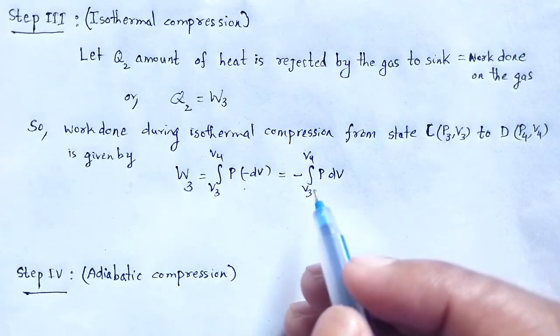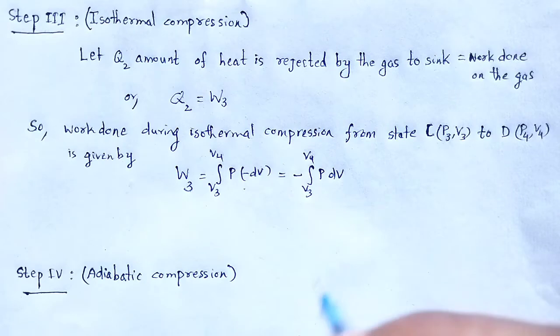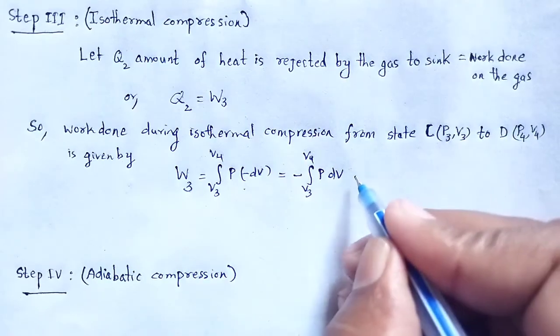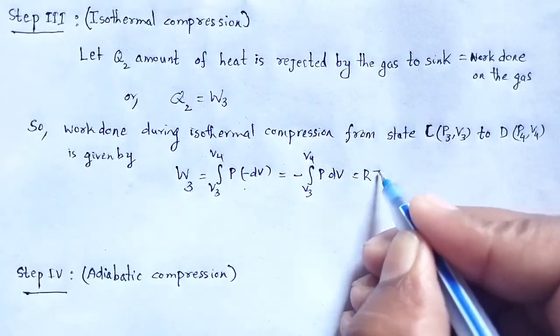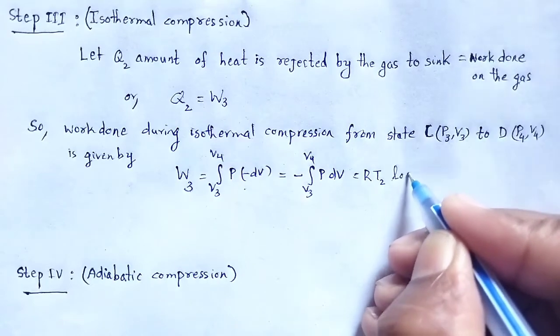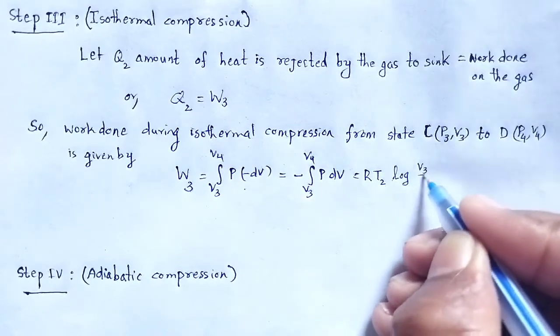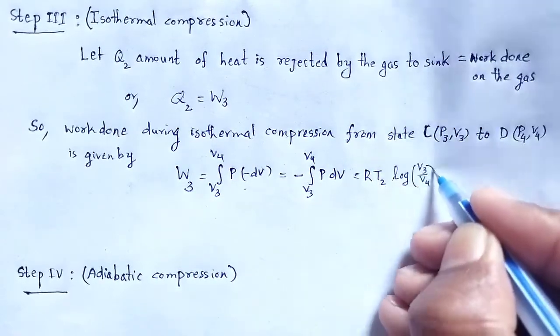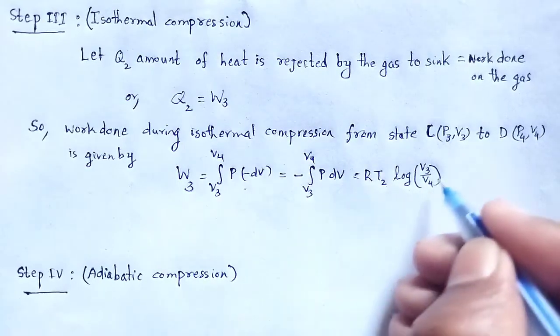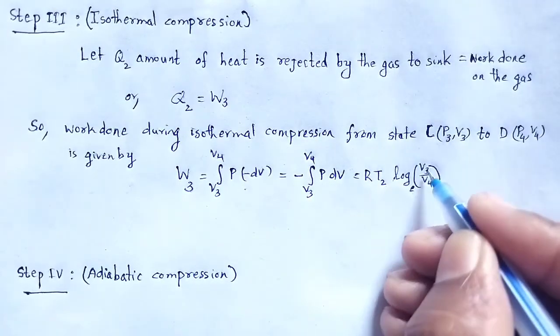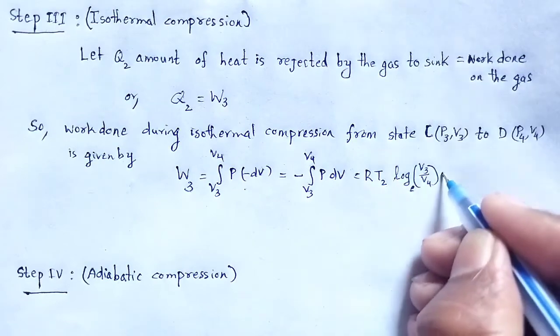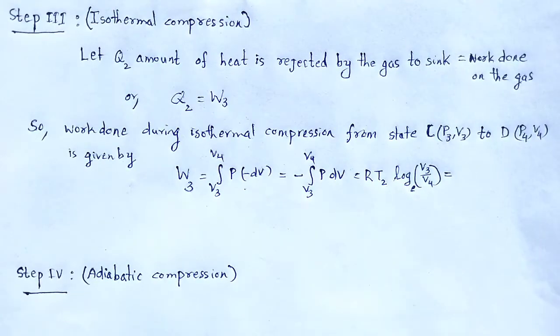Since it is an isothermal process, the work done is R T2 log V3 by V4, having overcome the negative sign, and that is the area under the curve.